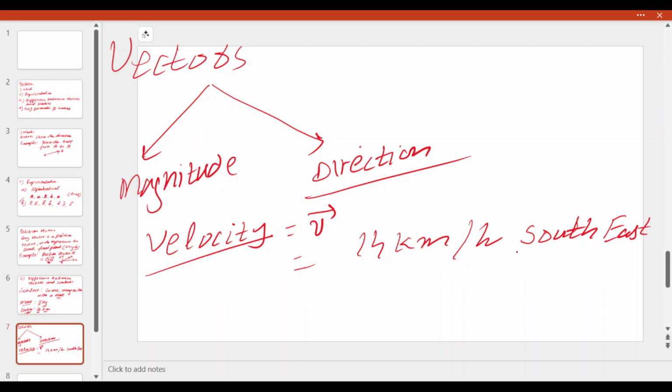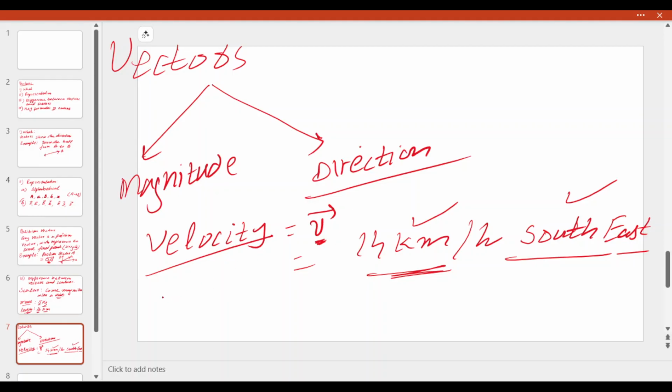Yes, we must also talk about the direction when we are going to talk about velocity. 14 kilometer is its magnitude and southeast shows the direction. So the velocity of the car, let's say for example, was 14 kilometer per hour towards southeast.